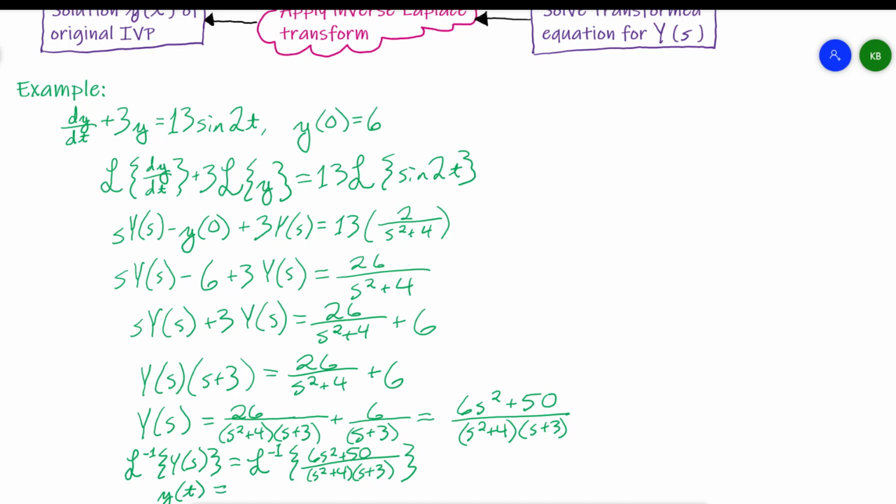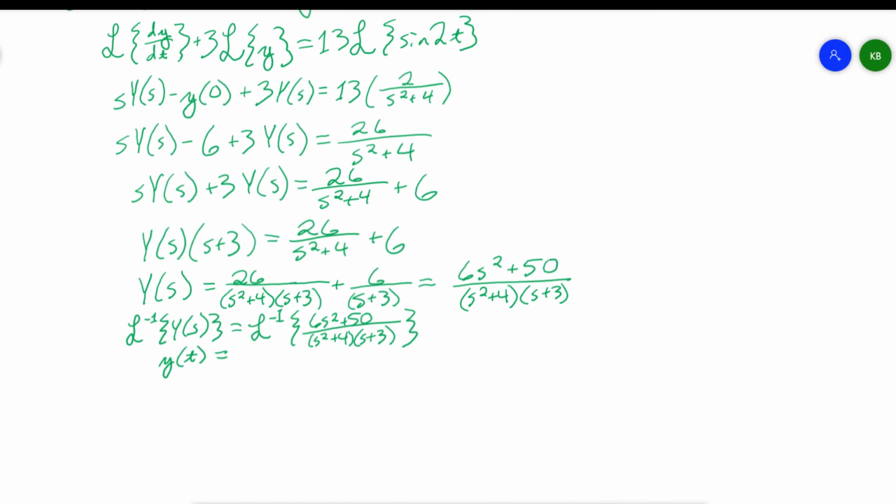So really, I just have to find the inverse Laplace transform of this fraction I have here. In order to find that, I'm going to need to use some partial fractions. So again, I'm going to go over to the side and do a little side work. We have 6s squared plus 50 over s squared plus 4 times s plus 3.